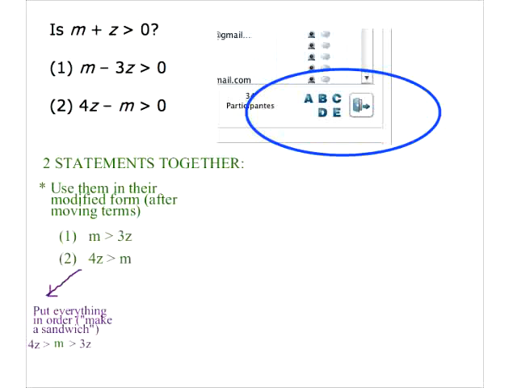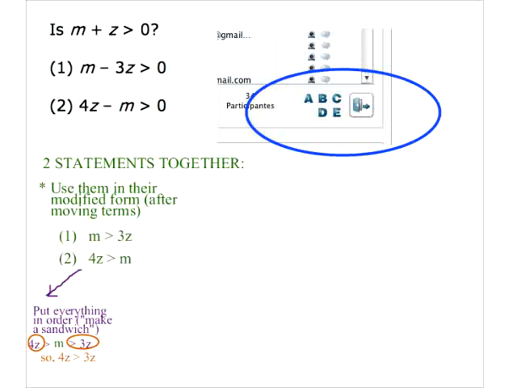So what's the point here? Like when we do this, are we discovering anything that we don't already know? Aha. If you look at the bread of the sandwich, just the 4z and the 3z, we discover that 4z has to be bigger than 3z.